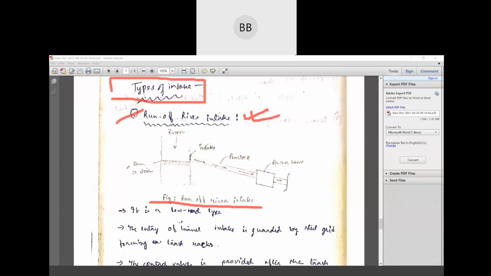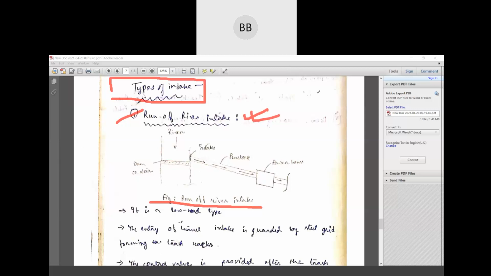So this runoff river intake, if you remember, we have a runoff river scheme. In those schemes, if you use an intake structure, that means it's very small.